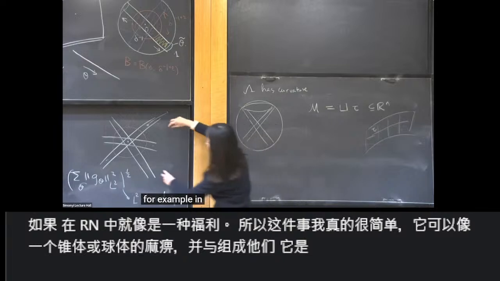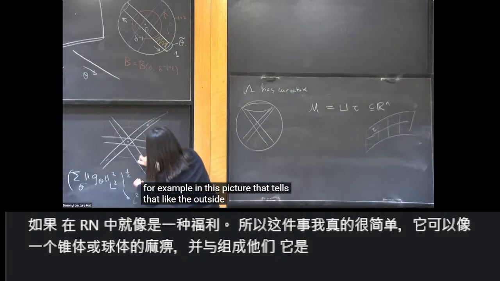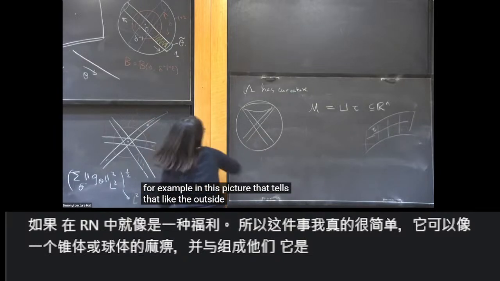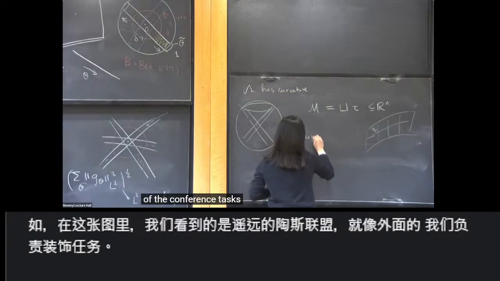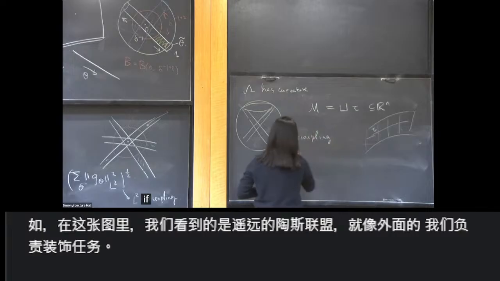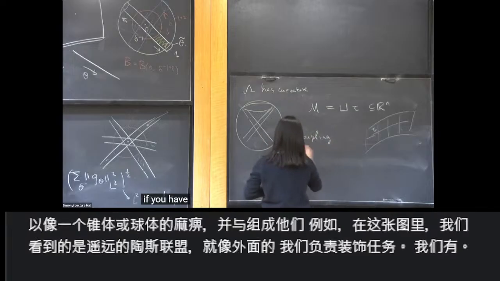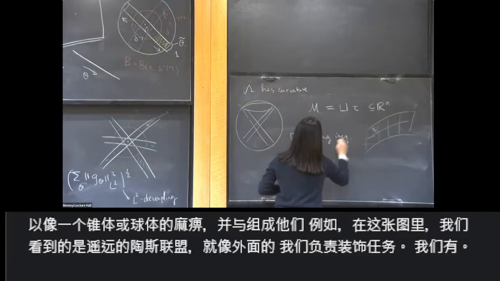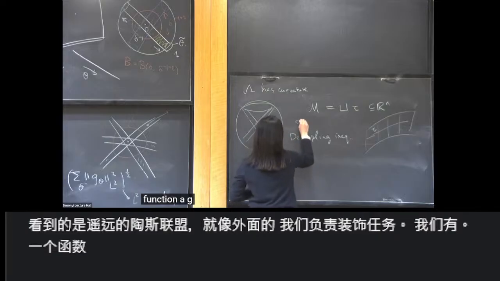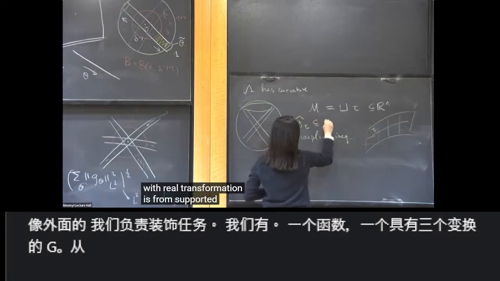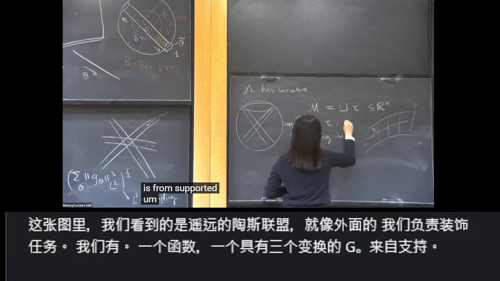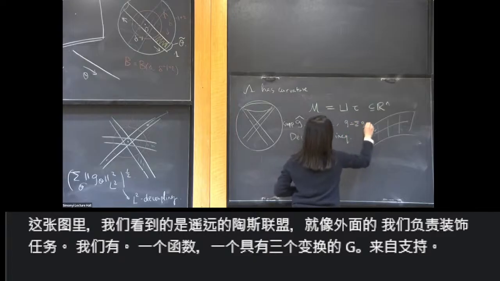For example, in this picture, the tiles are like those outside of the tube. The decoupling asks, if we have a function G with Fourier transform, G tau with Fourier transform supported on a curve, and then G equals the sum over G tau.